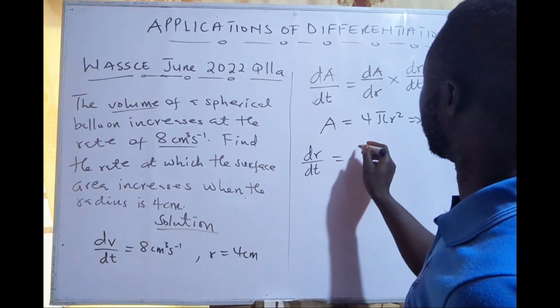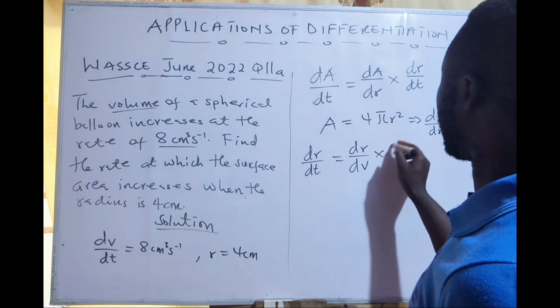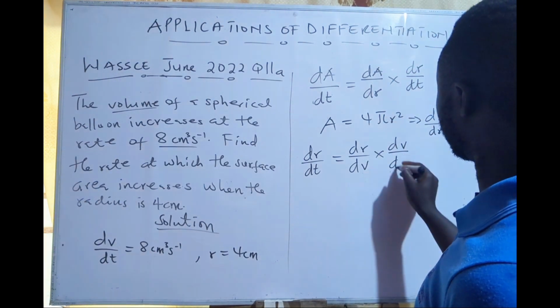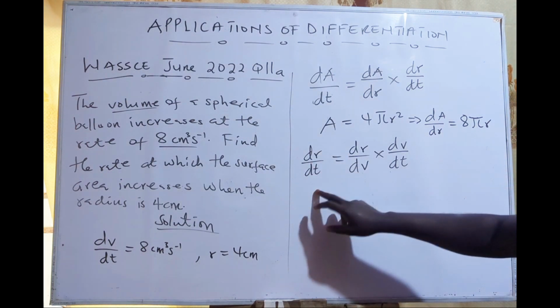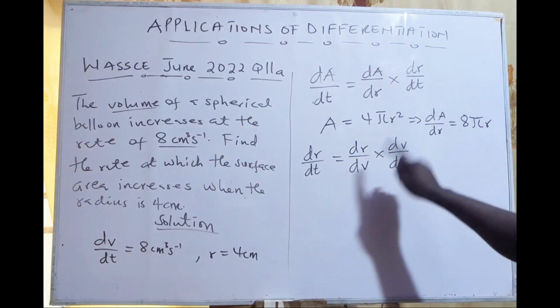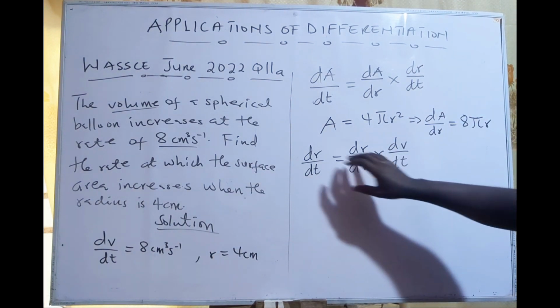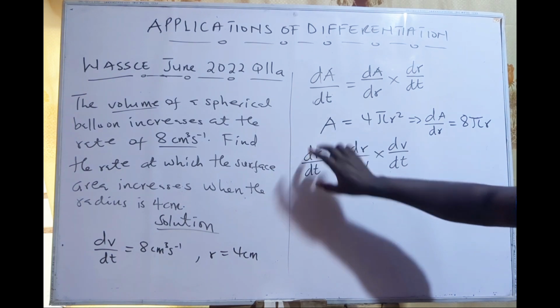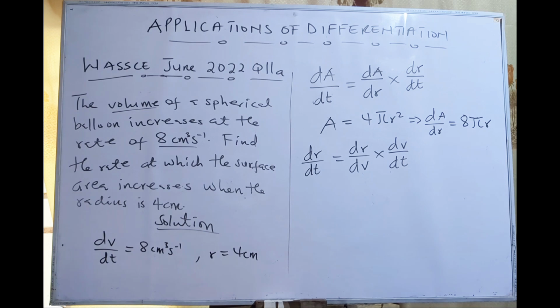So dr/dt can be dr/dV, since I was given the volume, times dV/dt, the volume with respect to time. So we can use this to find the rate of change in the radius with respect to time. I believe you get it.